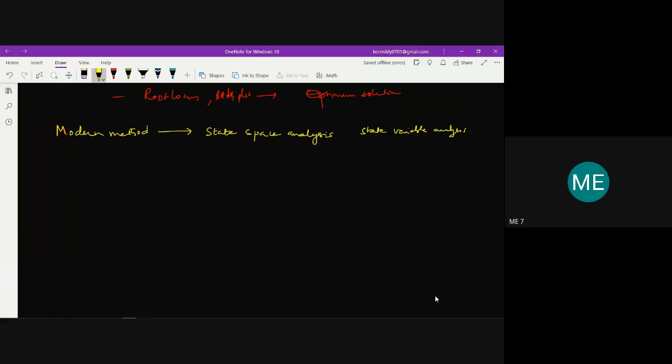This modern method is used to overcome the limitations of the conventional approaches, that is the time domain and frequency domain methods. The advantage of the state space approach is that we are considering the effect of initial conditions.